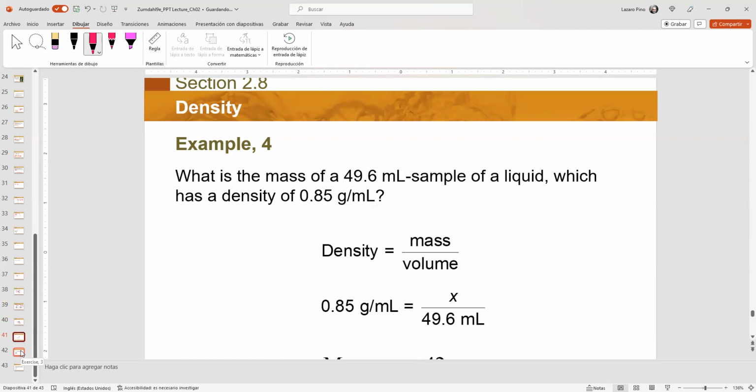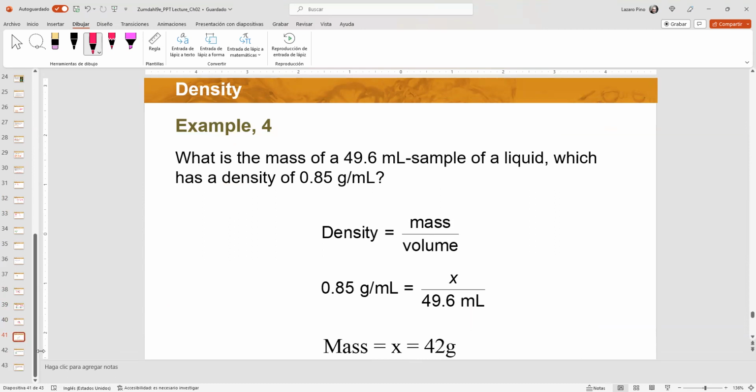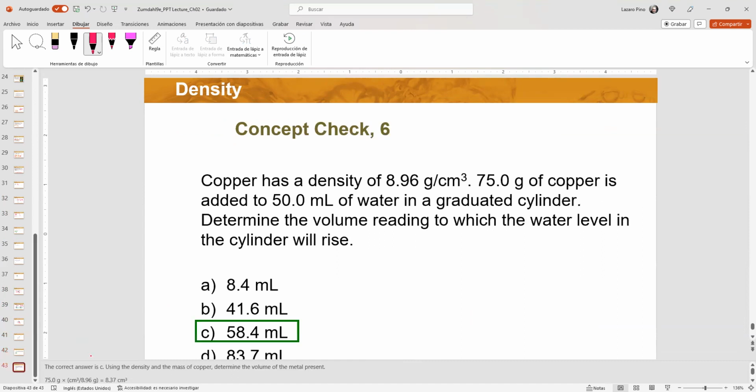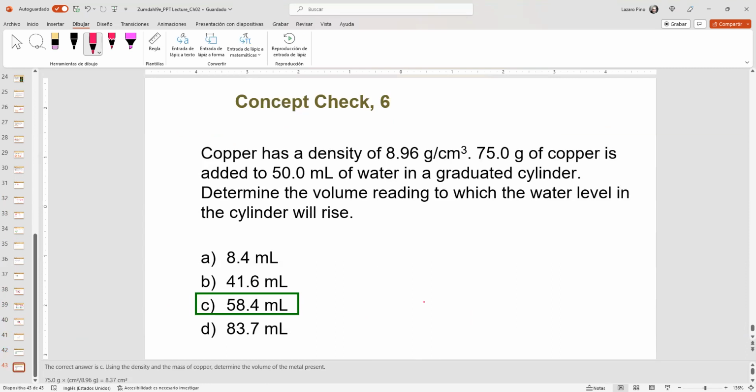Okay, here you have another example. Stop the video and watch it. Try to do it in your notebook at home. Here you have another example. Stop the video, try to do it. And the same thing here.